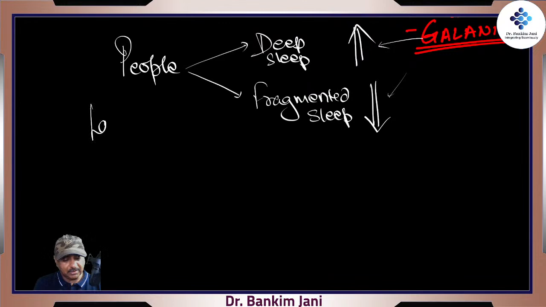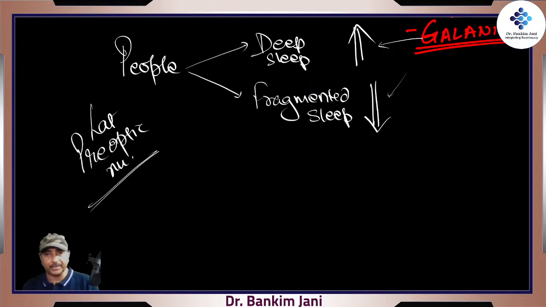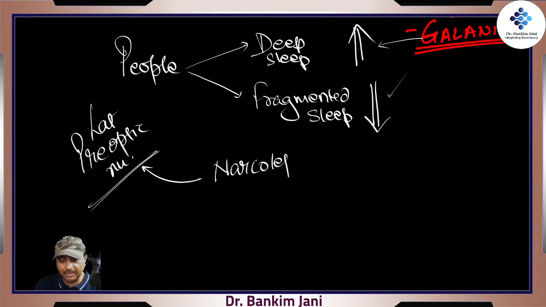So this is lateral, light sleep. So lateral preoptic nucleus is classically associated with narcolepsy. Now, narcolepsy is what?